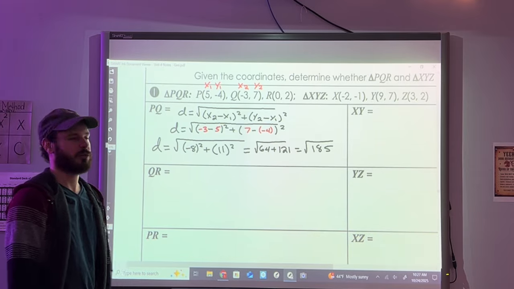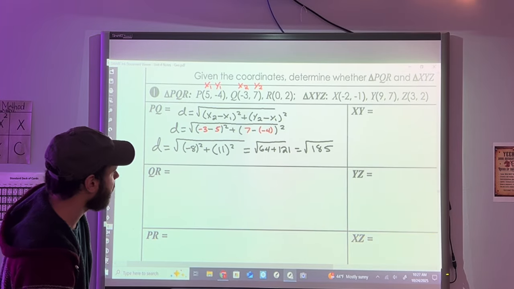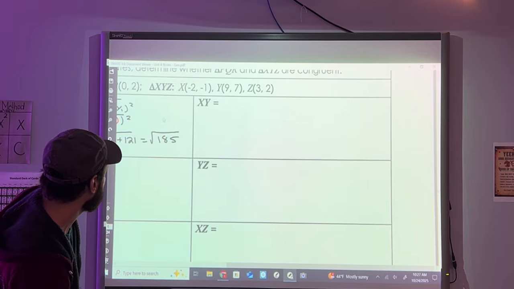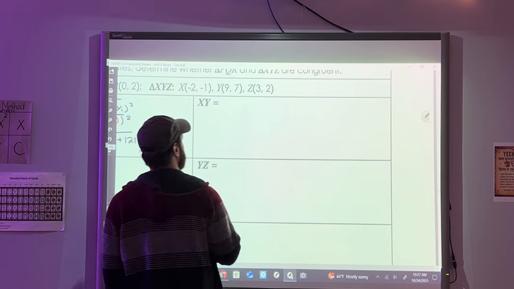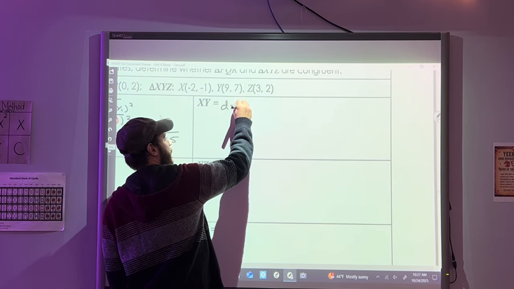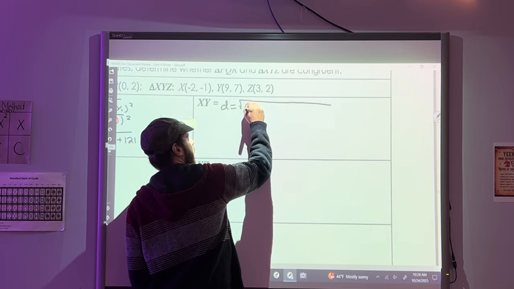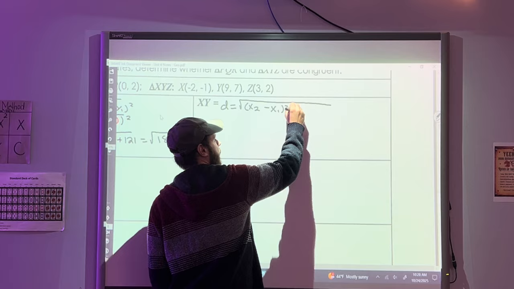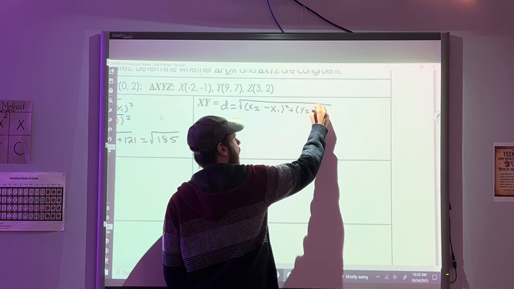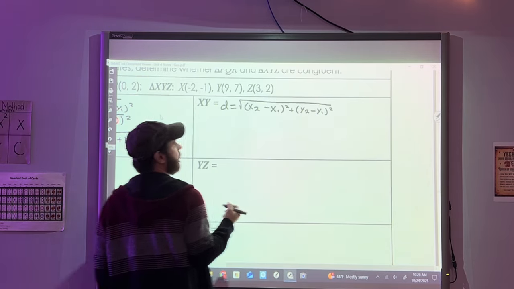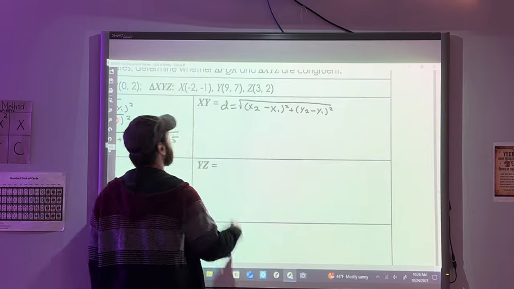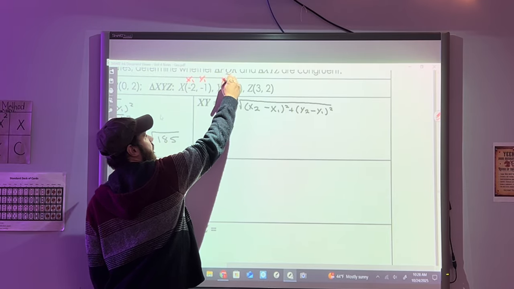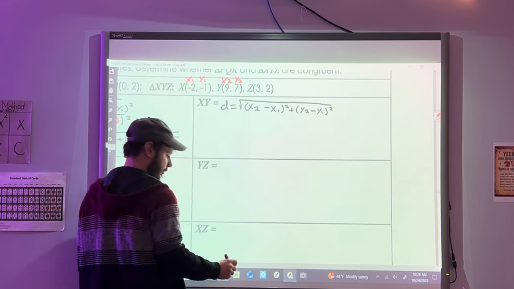Now let's go over to the other side and see if we get that exact matching number. Distance equals square root x2 minus x1 squared plus y2 minus y1 squared. Okay. x1, y1, x2, y2. Let's see if we get the same thing.